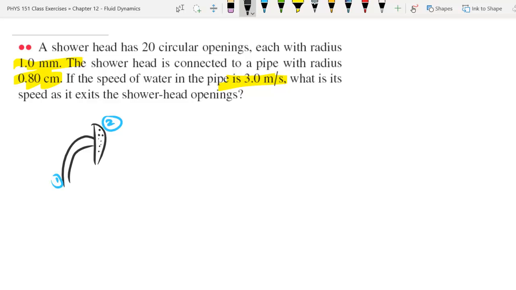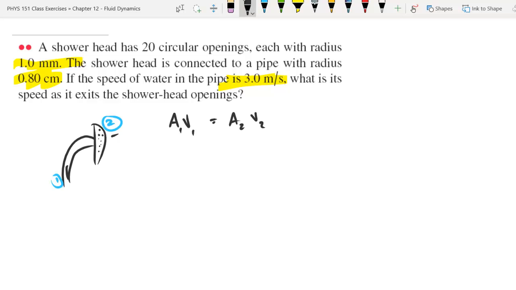So the volumetric flow rate we have is the area times the velocity, right? So this would mean that area 1 times velocity 1 would be equal to area 2 times velocity 2. That way we have the same flow through the pipe that we have out of the shower head.